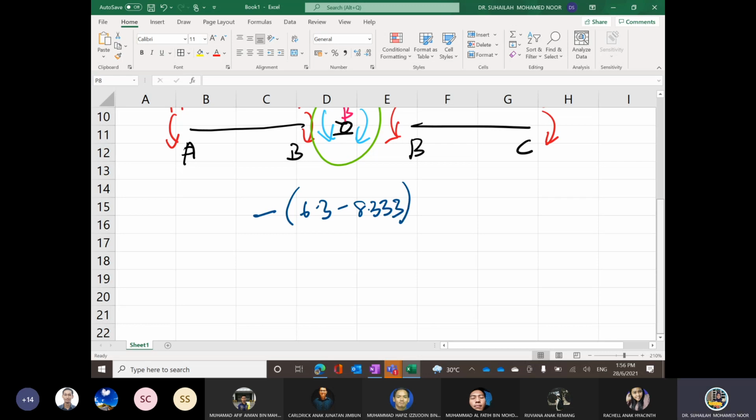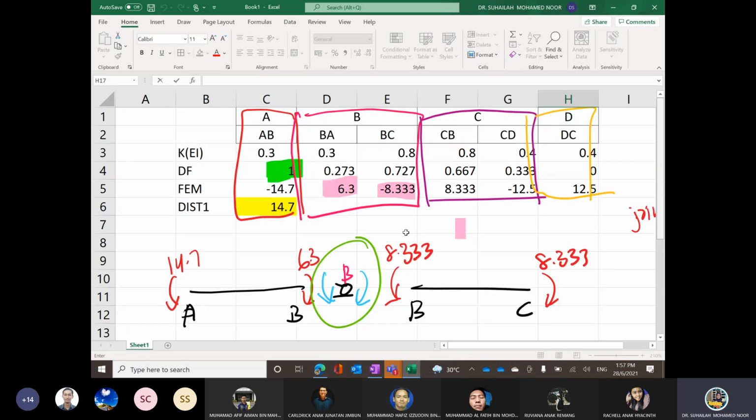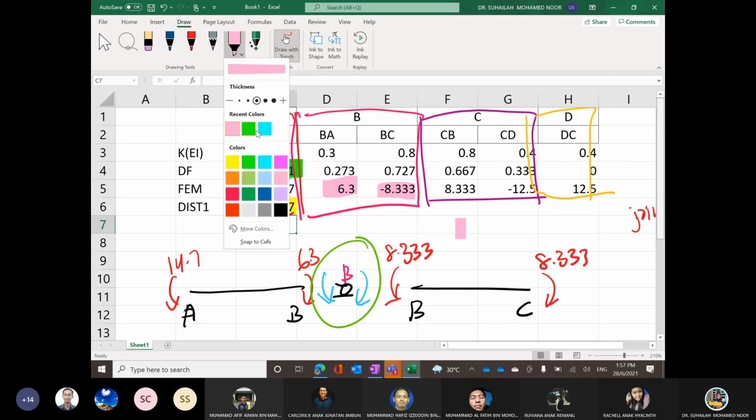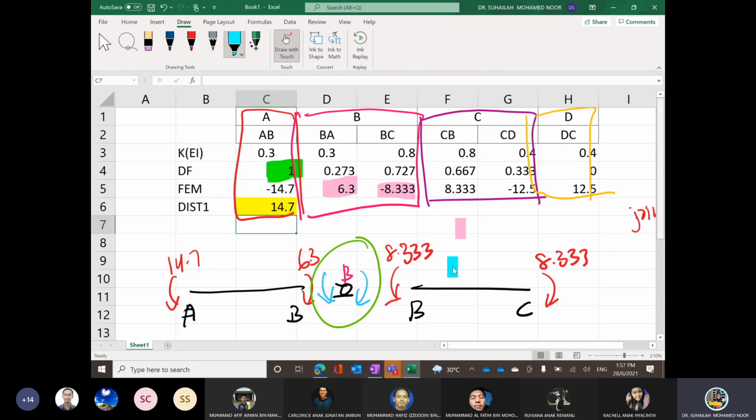Okay, and this joint moment we must times with the distribution factor for BA. The distribution factor for BA is 0.3.